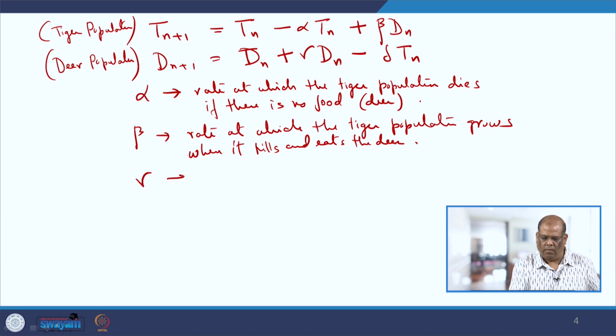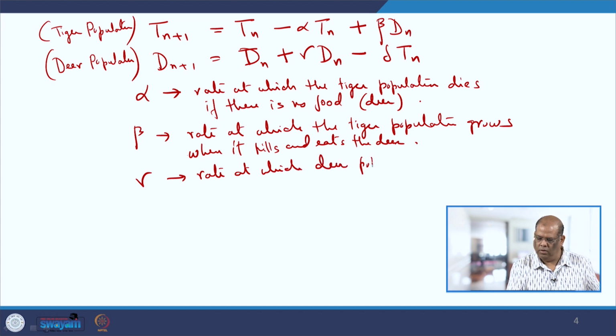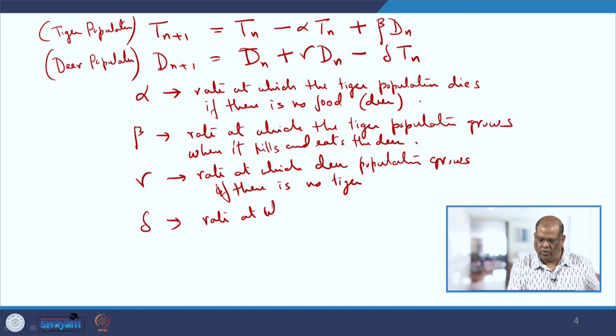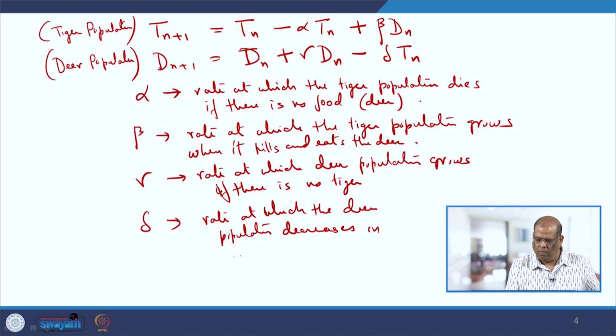Similarly, gamma is the rate at which the deer population grows if there is no tiger, and delta is the rate at which the deer population decreases in presence of tigers.